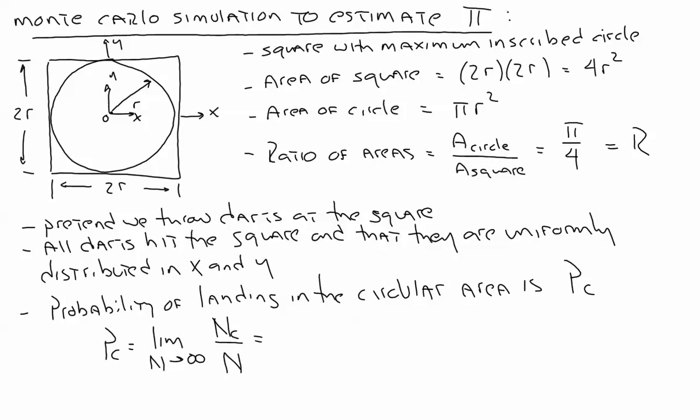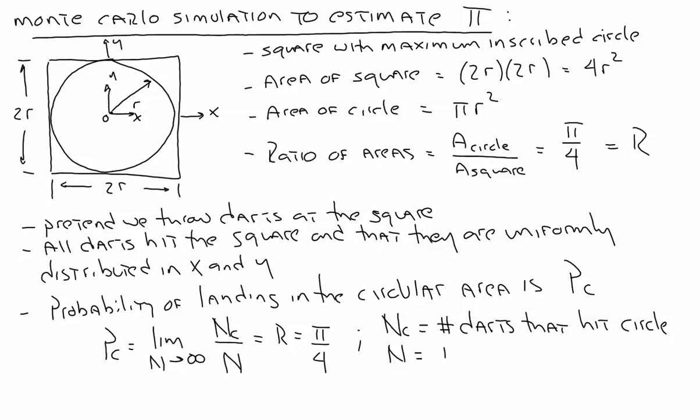That's going to be the ratio r that we seek, and that is going to equal pi over 4. N sub c equals the number of darts that hit the circle. N, capital N, is the total number of darts thrown.